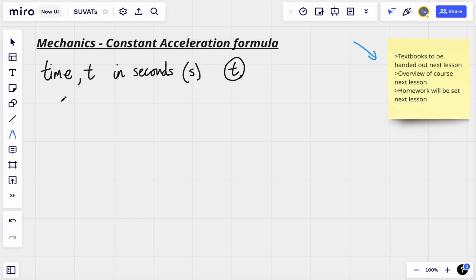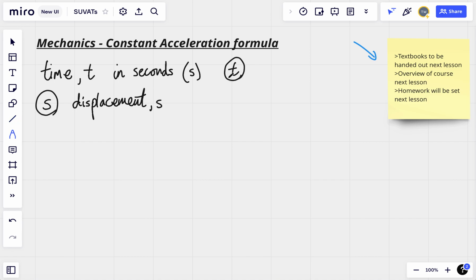Now, the next thing to think about is something called displacement, which we call S. So, displacement, which we call S, is essentially how far something is from another point.